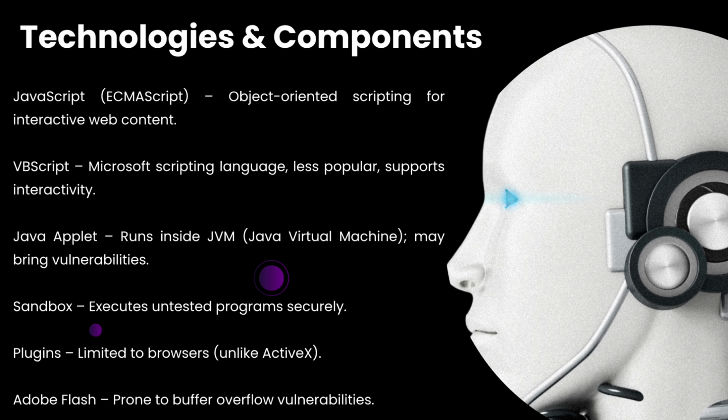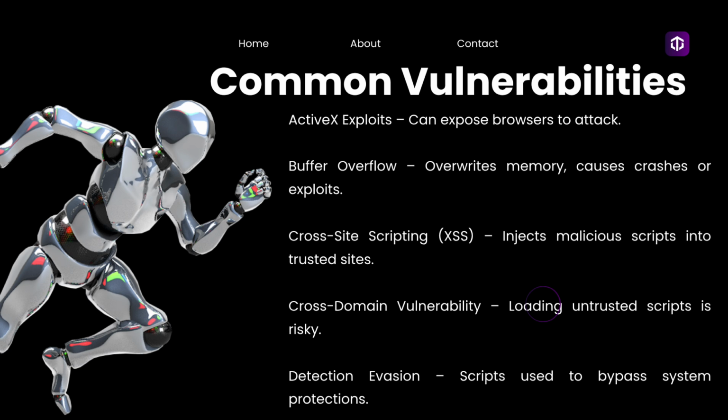So now let's look at what actually makes browsers vulnerable. First one is ActiveX exploits. Attackers can misuse these controls, especially in Internet Explorer. Buffer overflow happens when a program writes too much data to memory and causes it to crash or leak information.